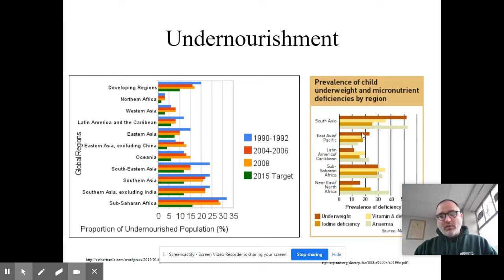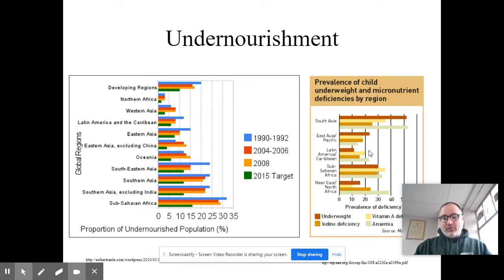On the right, you see a chart that talks about the prevalence of children who are underweight or suffering from a micronutrient deficiency. And you can see what South Asia just has. Almost half their children suffering from being underweight or they're anemic. Well, being anemic is problematic for so many reasons, particularly when you're talking about regions where malaria and other diseases can have terrible impacts for kids who are underweight or anemic or have vitamin A deficiencies or iodine deficiencies.